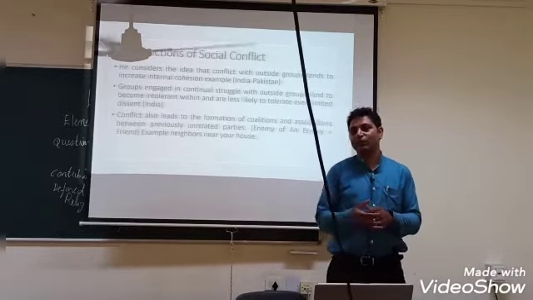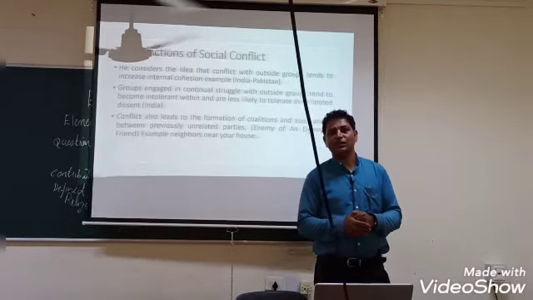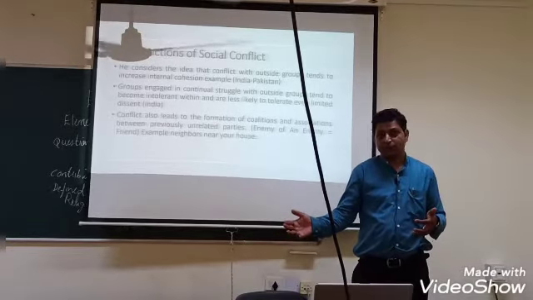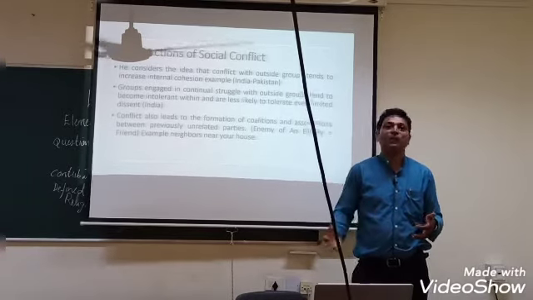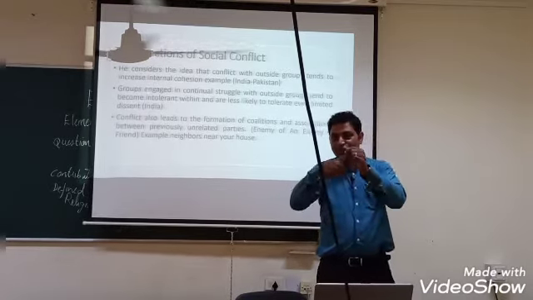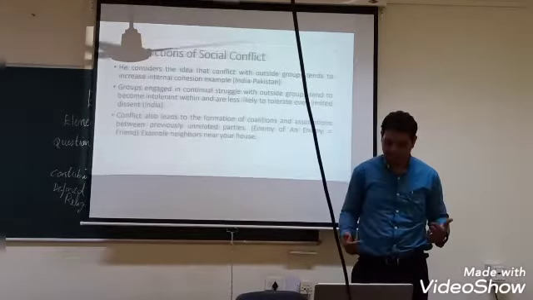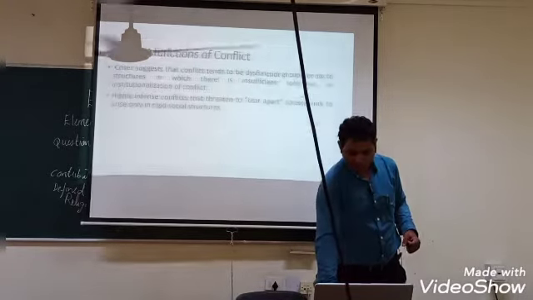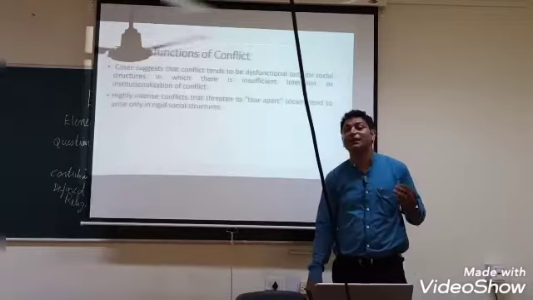If you are friends with a certain neighbor, and there is another neighbor you are not friends with who is also not talking to you properly, then this neighbor and that neighbor can become friends, although they may not have been on talking terms earlier, because they have a common enemy. So this is also something Louis Coser talks about, in a way saying that conflict is functional. But he also says that conflict can be dysfunctional.